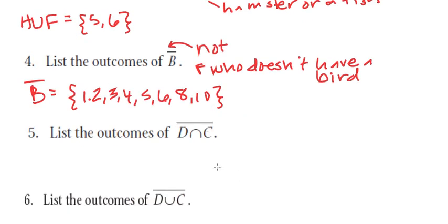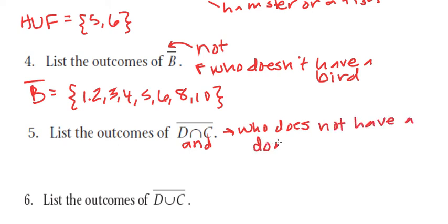Well, now this says D and C. The way that I remember that this one is "and" is that I just imagine that I wrote the word "and", and that's like the little N in "and". So D and C would mean dog and cat, but this would mean not. So this is saying who does not have a dog and a cat.